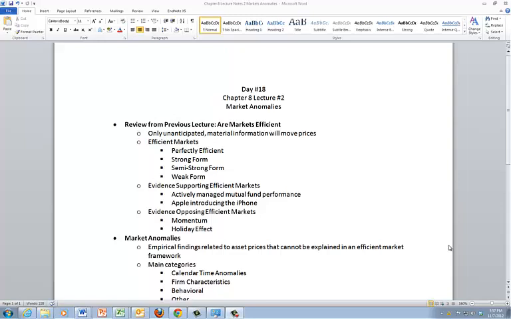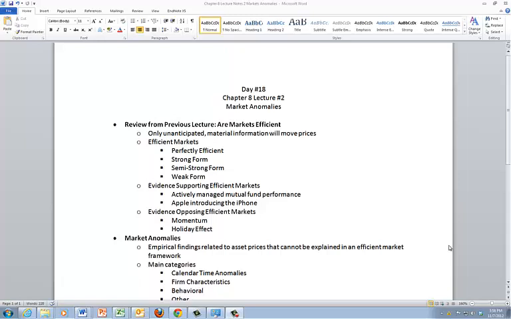Any past trading data in a weak form efficient market is quickly and accurately impounded into the prices. Another way of thinking about this is to say that in markets that are weak form efficient, there would be no alphas that could be generated using a trading strategy based on past trading data. So that's weak form efficient.